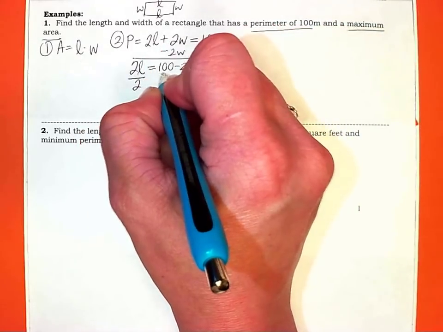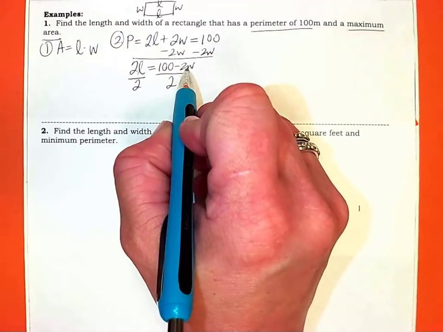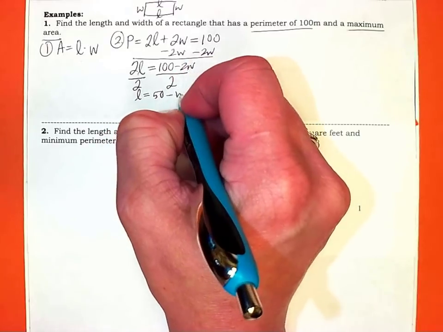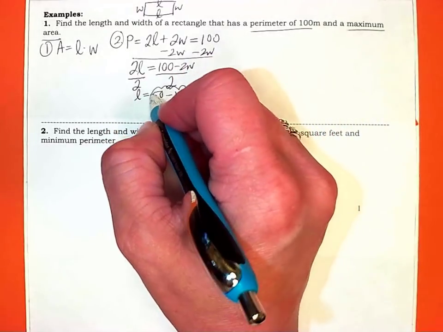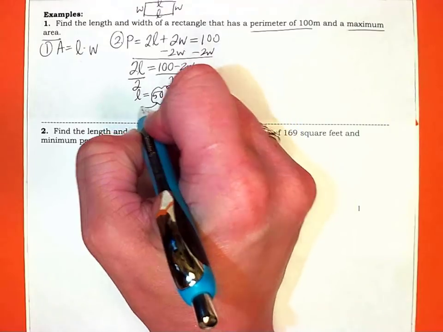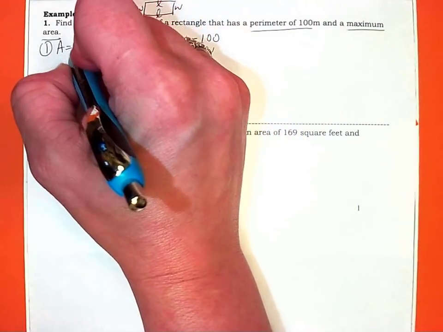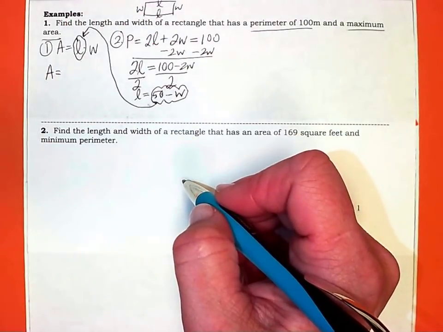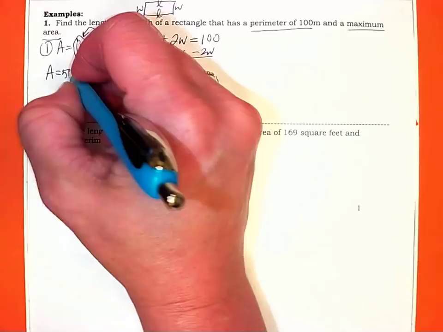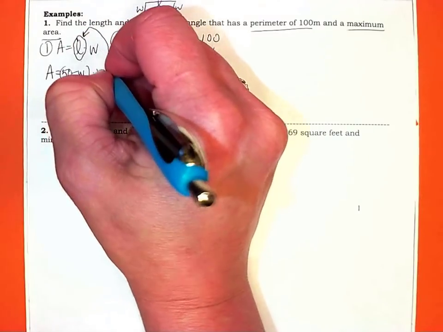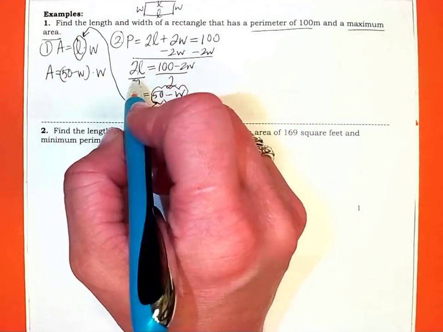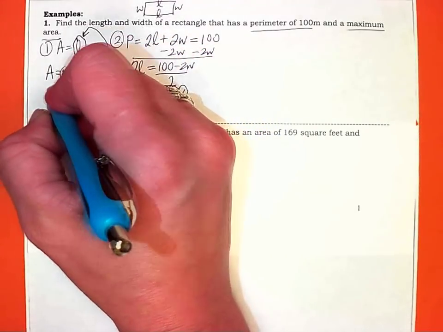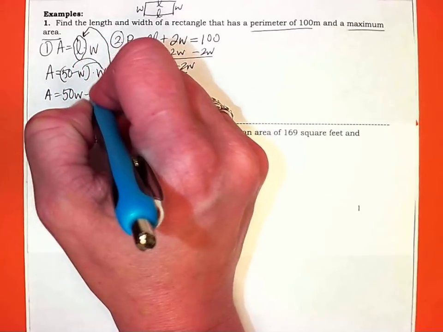And if I divide both sides by 2, remember that divides each term by 2, that tells me L is 50 minus W. So I can take the substitution of 50 minus W and put it in place of L. Now A is going to be in terms of just one variable, W. So I've got 50 minus W for L times W, and I can go ahead and distribute that W so I don't have to use a product rule. So I've got that A is 50W minus W squared.